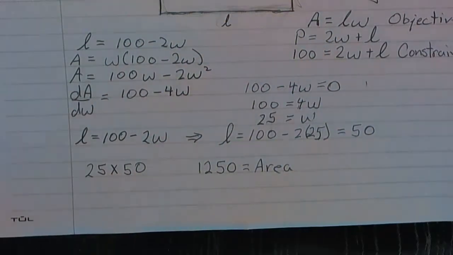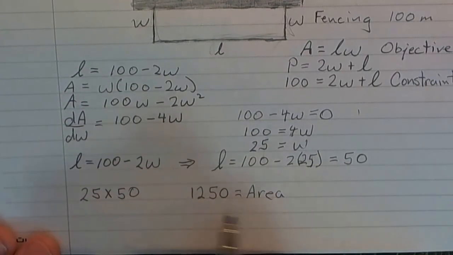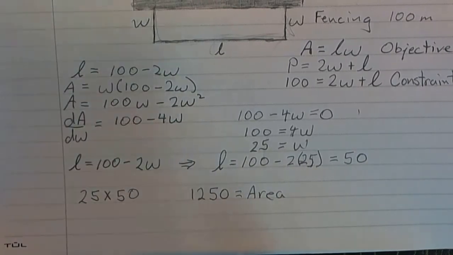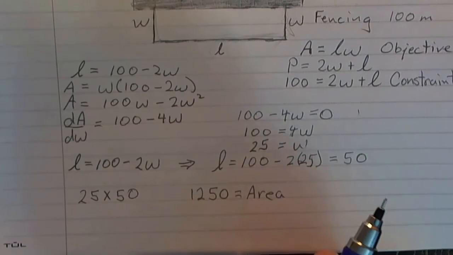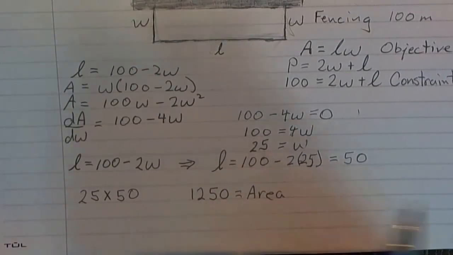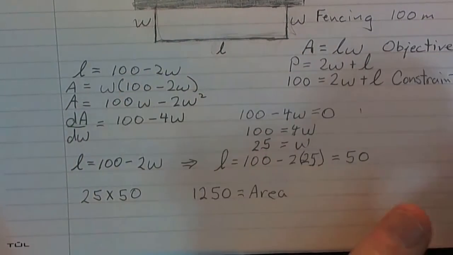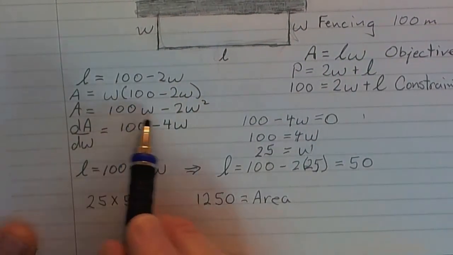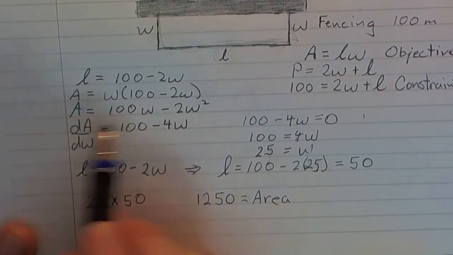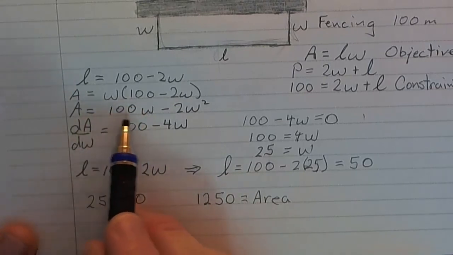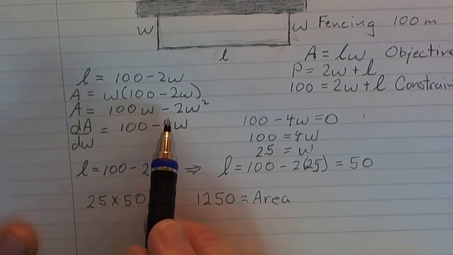Yeah, that's it. Now you might wonder, well, how do we know this is not the minimum area? Because you remember when you take a derivative and set it equal to 0, maybe you'll get a max, maybe you'll get a minimum. Well, of course, we've got the first derivative test, and we've got the second derivative test we can use. But maybe we don't need to go through all that if we just go back and realize what function we were differentiating. The area is dependent upon the width, and if you look at this function, this is an upside down parabola, a parabola opening down.